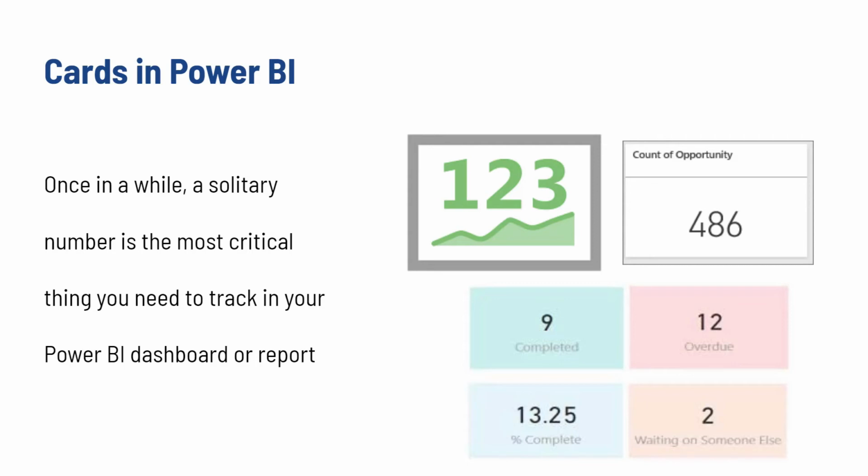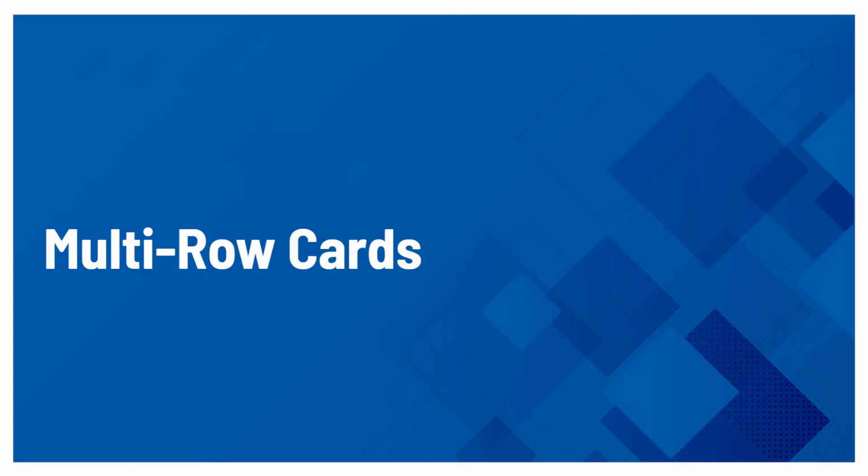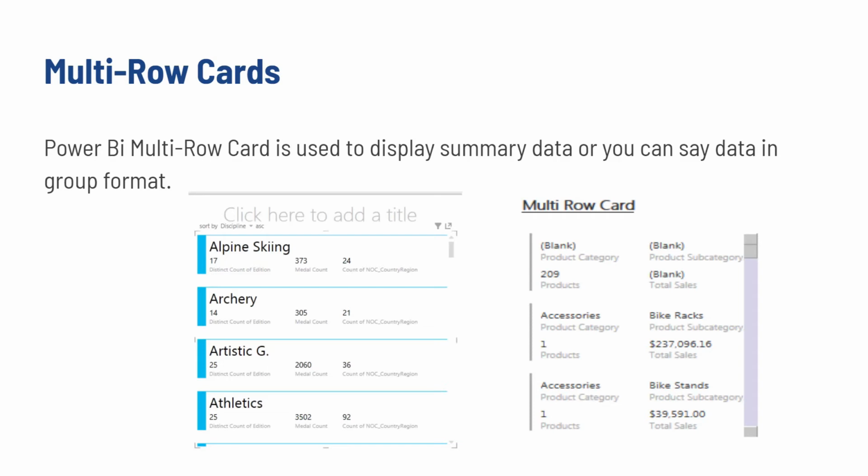This type of visualization is called a card. The Power BI multi-row card is useful to display data in a group format or section-wise. We will further see both these visualizations in the lab sessions.